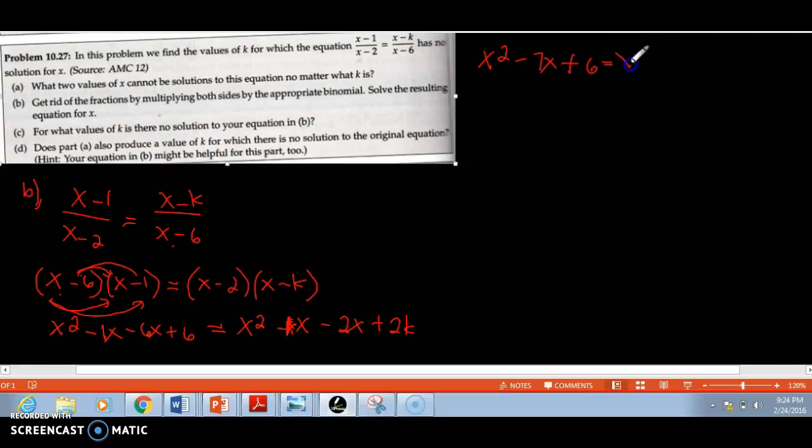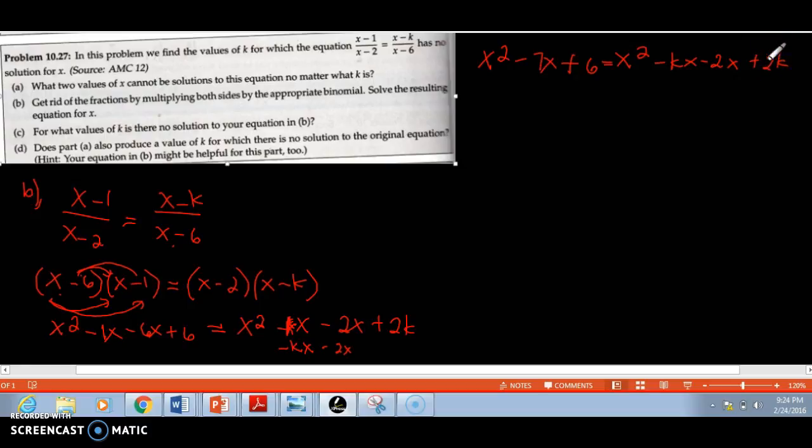So you have x squared, and you can see this one here is negative kx, and minus 2x. They both have x's, right? So we can factor out the x. Okay, let's keep it that way for now, it's probably simpler. Plus 2k.